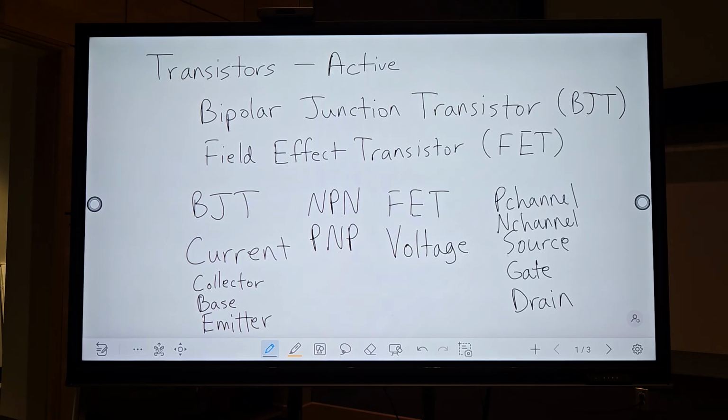Entire books are dedicated to the physics of how they work, how and when to use different types of transistors, different manufacturing techniques.